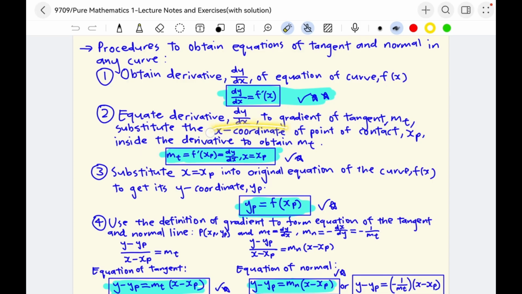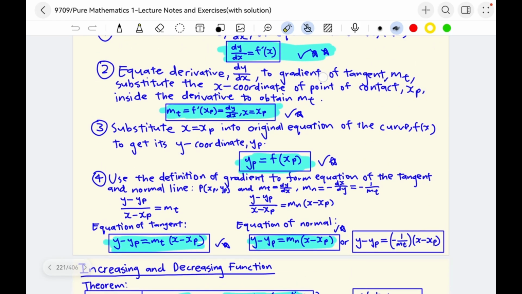Next, substitute the x coordinate of the point of contact into the derivative to get its value. By right, the gradient of the tangent must be a real number. If you want the y coordinate of the contact point, you need to substitute its x coordinate into the original equation of the curve.